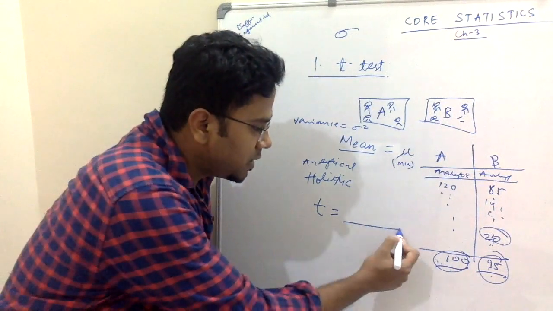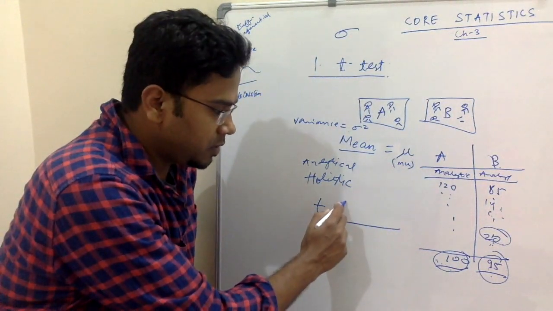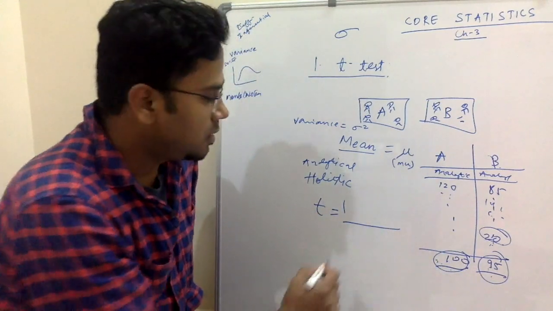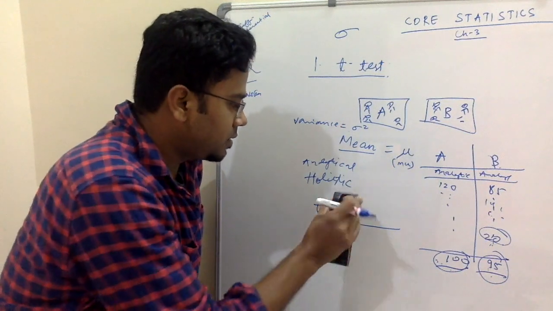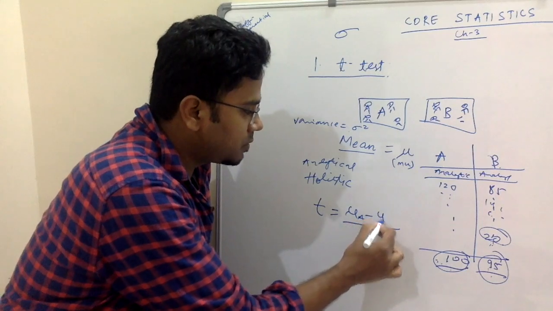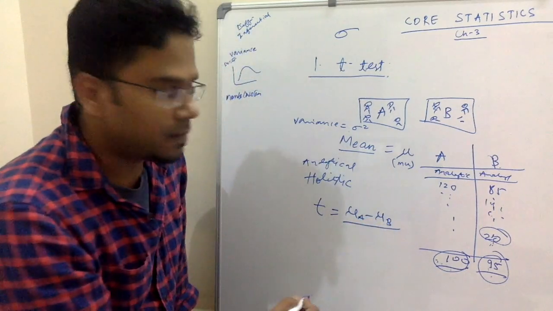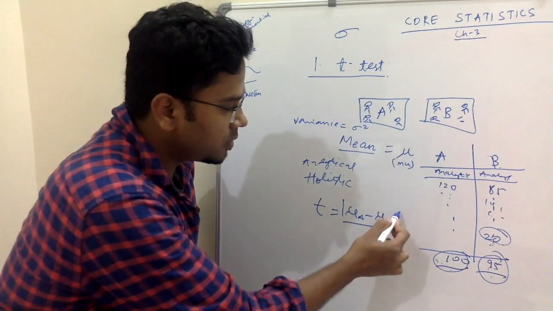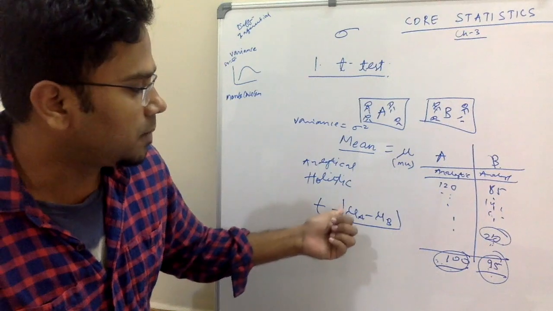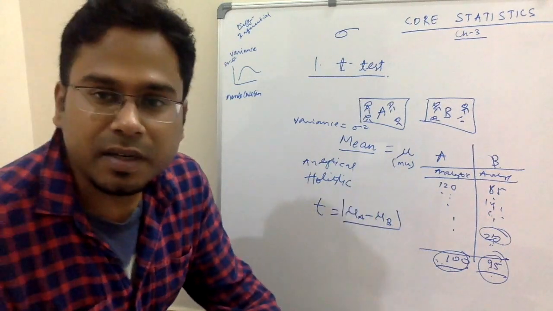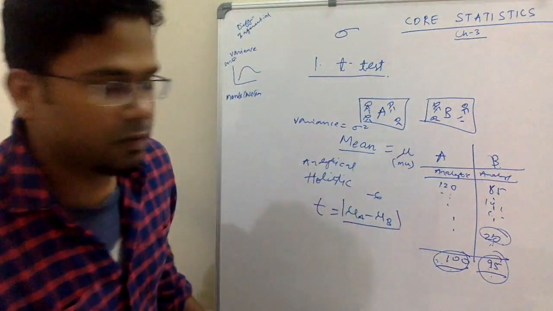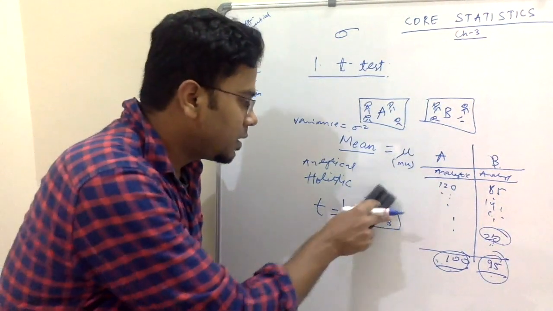So the T-test is one thing upon the other, and the thing in the numerator is the difference between these two means. You can write it as the modulus of mu A minus mu B. The modulus means you remove any negative sign if it is there. So if the value is minus 6, you take it as 6. If it is plus 6, you still take it as 6.